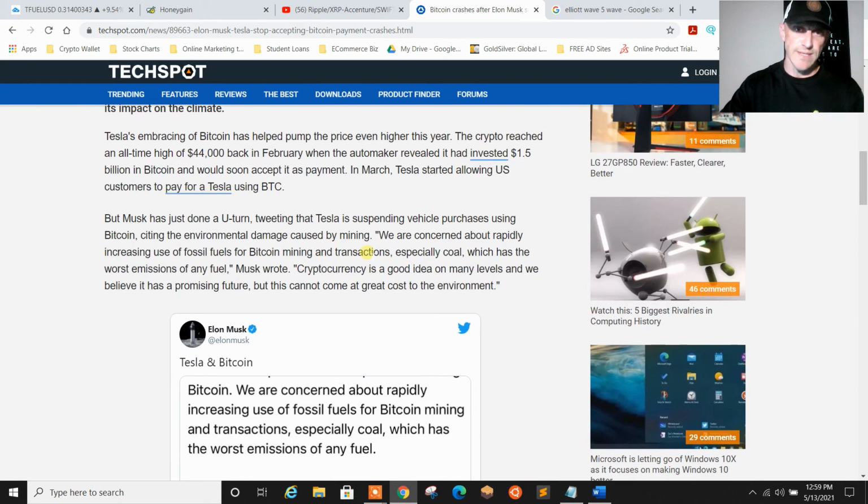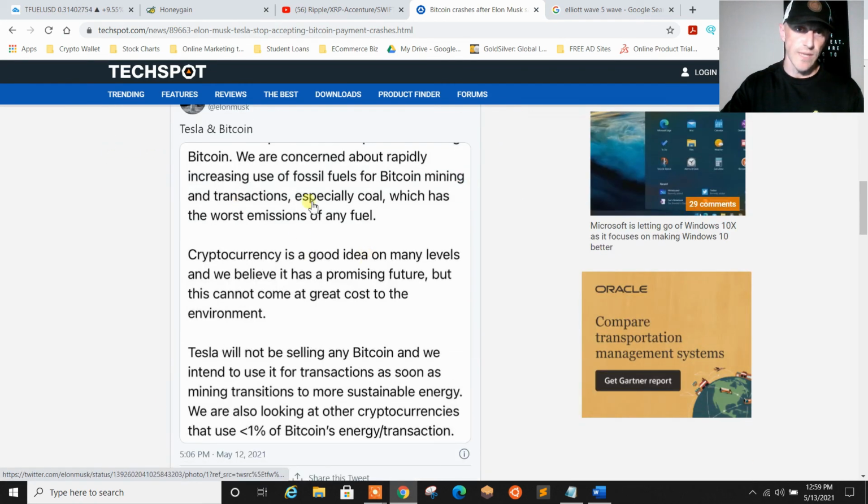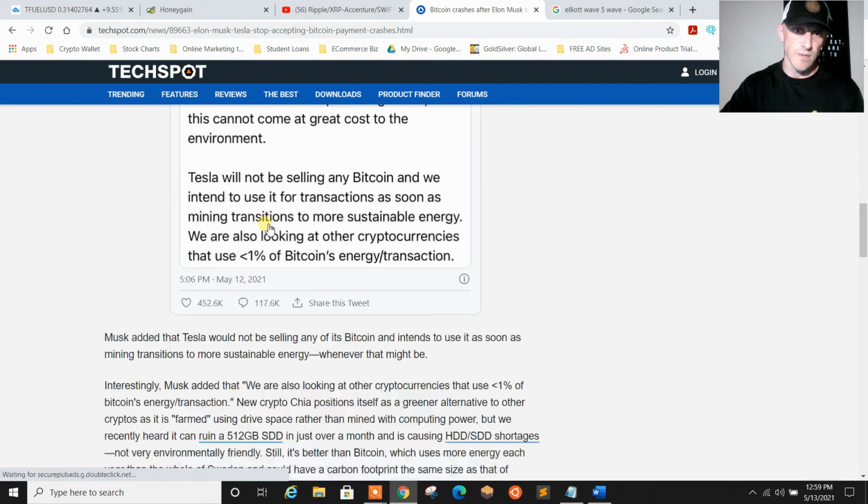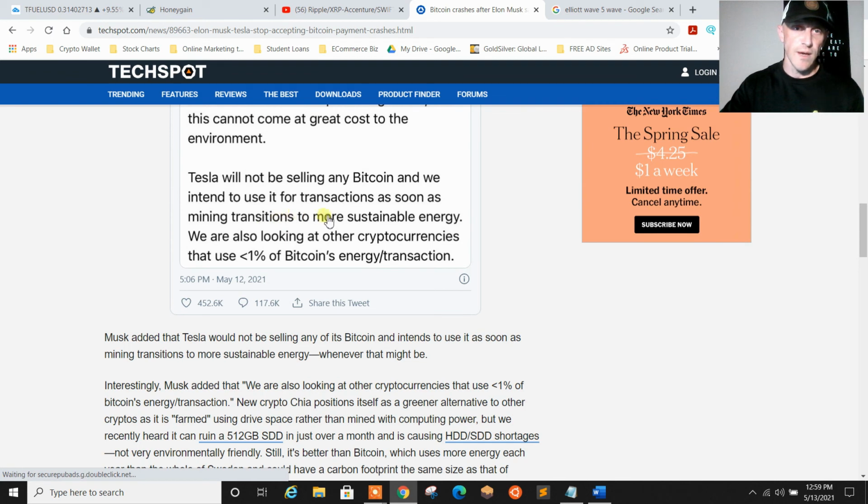And I believe he said, basically in his post here, okay, Tesla will not be selling any Bitcoin, and we intend to use it for transactions as soon as mining transitions to more sustainable energy, basically.